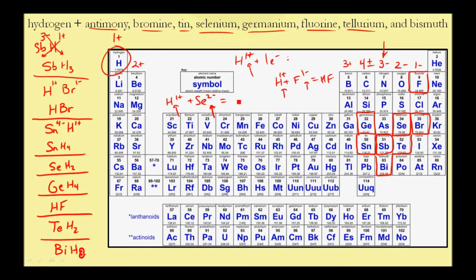So that's why it becomes SeH2, because we need 2 hydrogens to accept the 2 extra electrons of selenium.